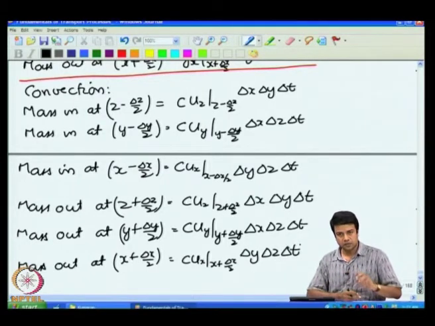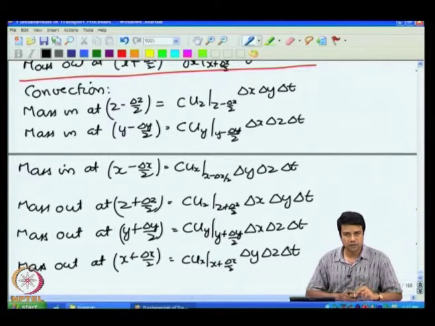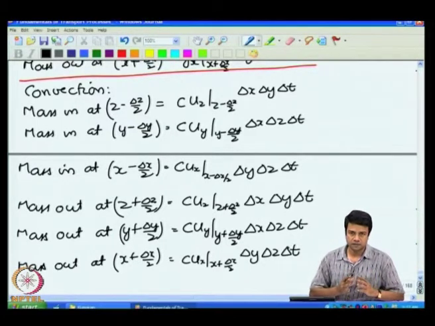Note that there are two contributions to the mass coming into the differential volume and leaving the differential volume. One is due to diffusion, the flux Jx, Jy and Jz. The other is due to convection due to the mean velocity, that is Cux, Cuy and Cuz. So, these are the three contributions.